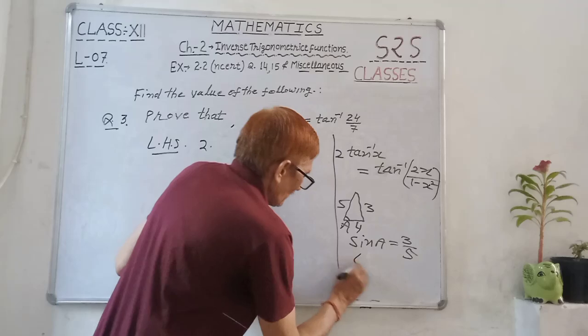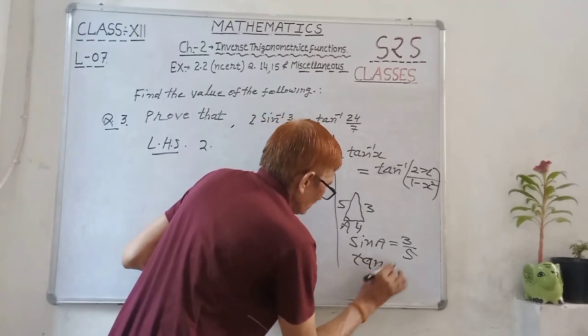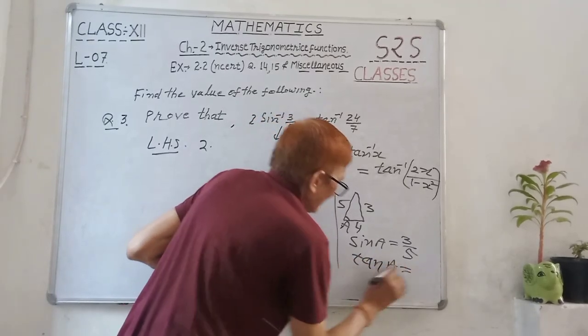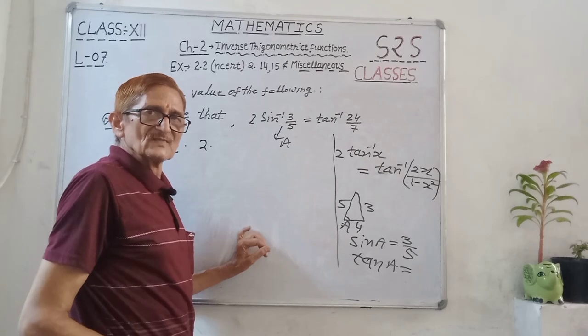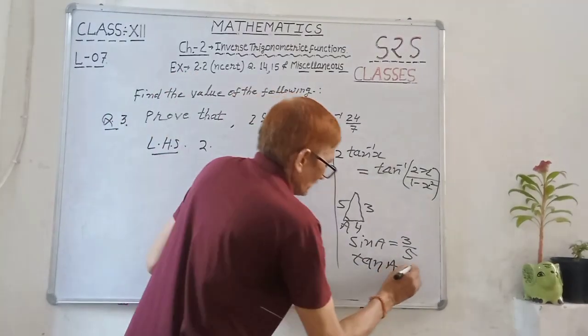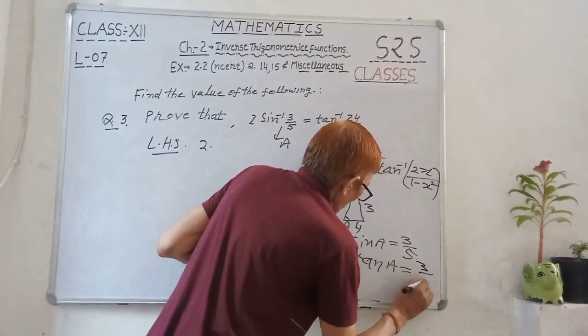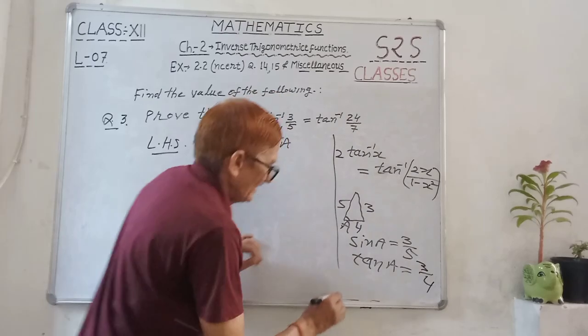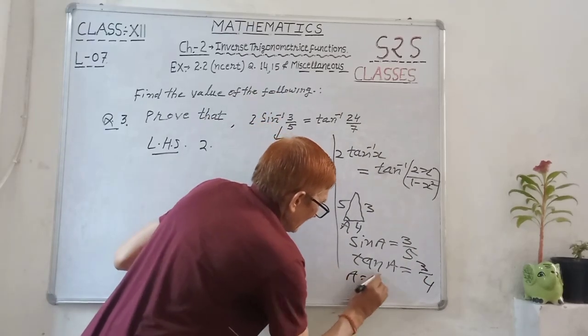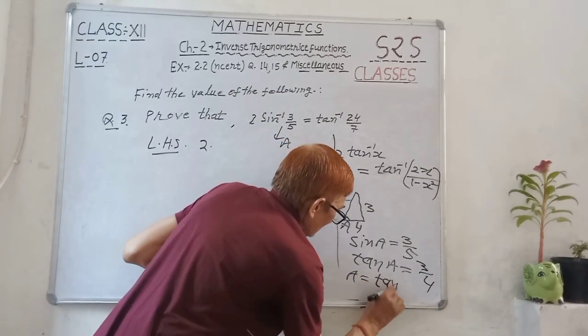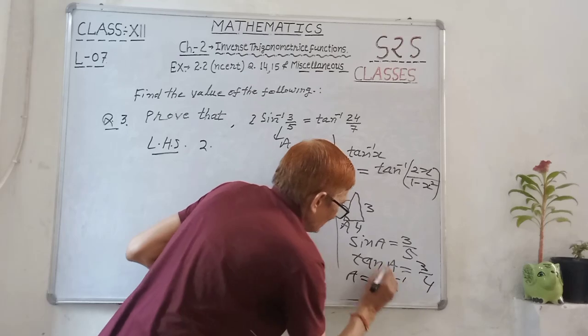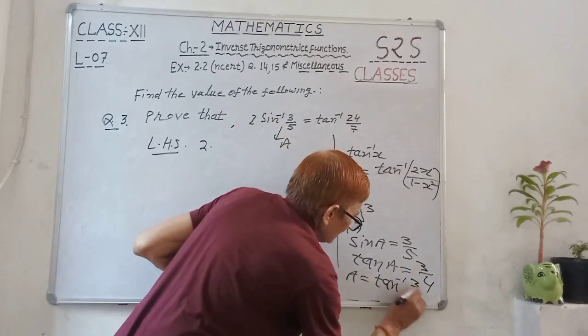Then tan a is opposite upon adjacent, 3 upon 4, so a is equal to tan inverse 3 upon 4.